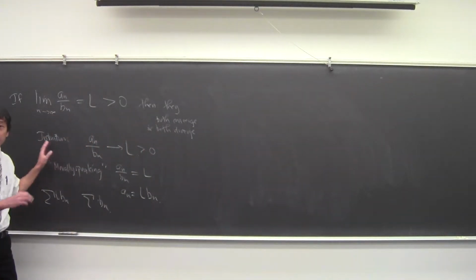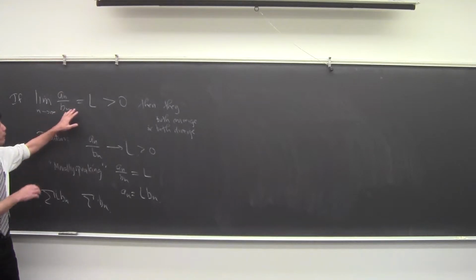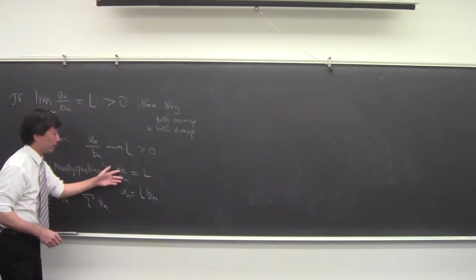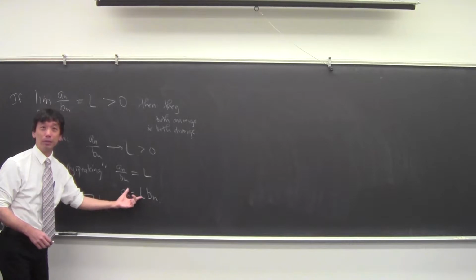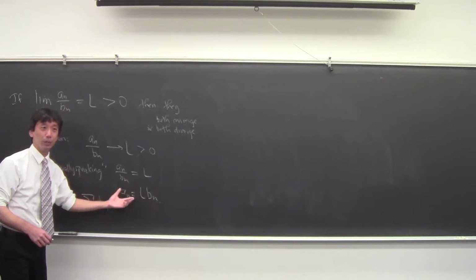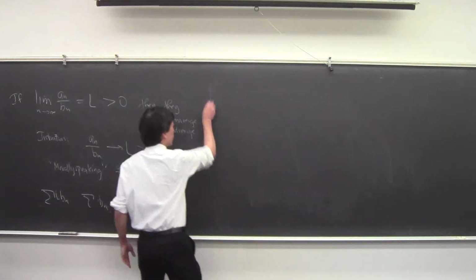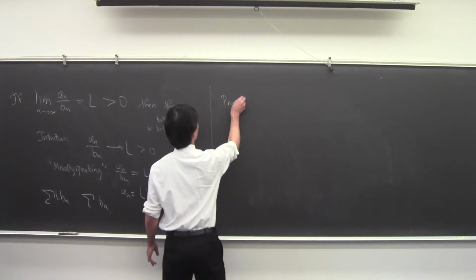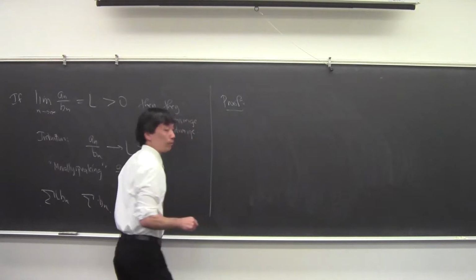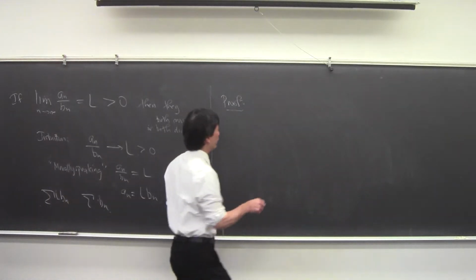So everybody get the idea of the limit comparison test? If the limit equals L, basically that tells you that one sequence is a multiple of the other sequence. So they're both going to converge or they're both going to diverge. That's the idea. Okay, let me show you the actual proof. Here's the actual proof.